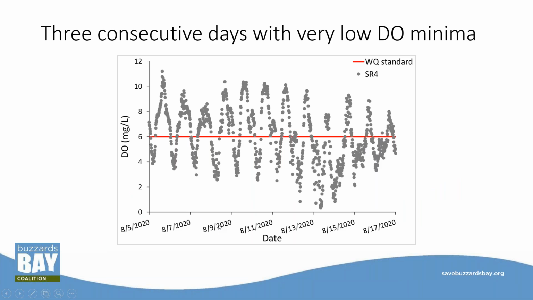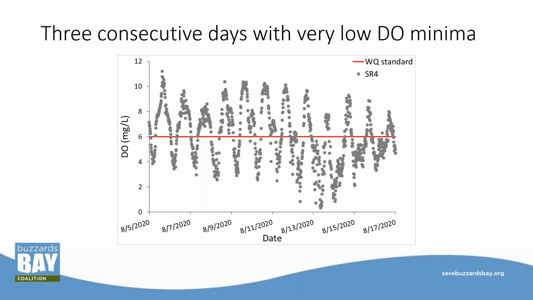And so I want to zoom into that data. This is again looking at the same data, the same station in the Slocum's River, and you can see we have these 3 days of really low oxygen, less than 2 milligrams per liter. These times of really low dissolved oxygen are very ecologically important.